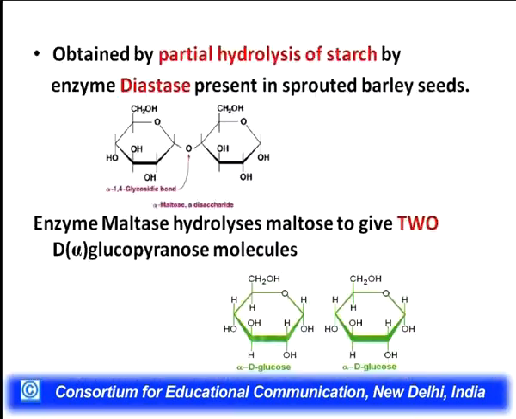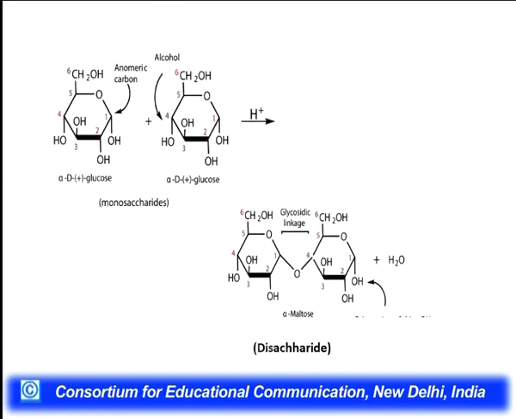In the small intestine, the enzyme maltase is present, and this enzyme hydrolyzes maltose to give 2 molecules of D-alpha glucopyranose, that is 2 molecules of glucose, which are then absorbed in the small intestine. If we look here, the OH of the first carbon, the anomeric carbon, and the OH at the fourth carbon take part in the glycosidic bond formation.